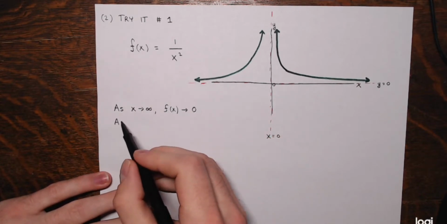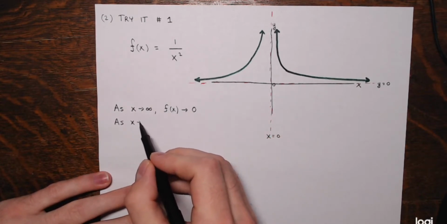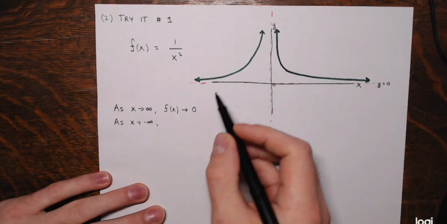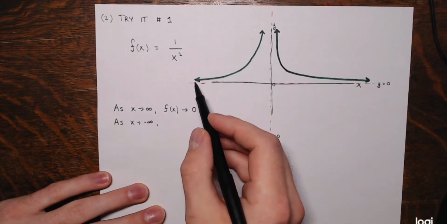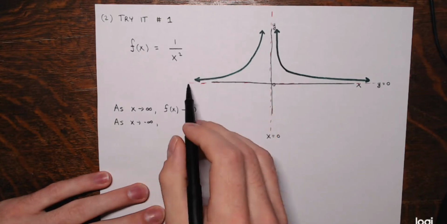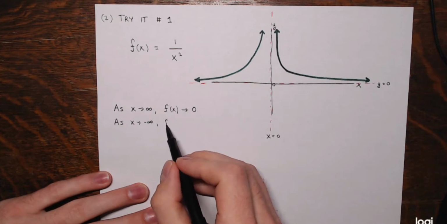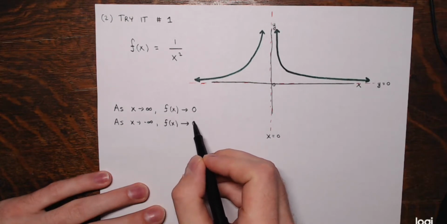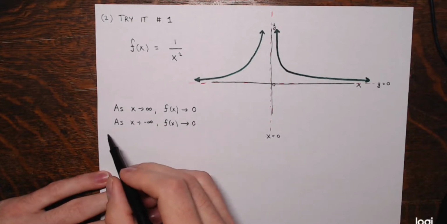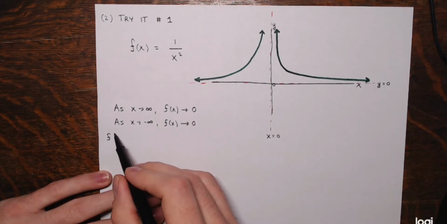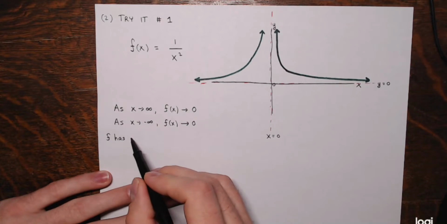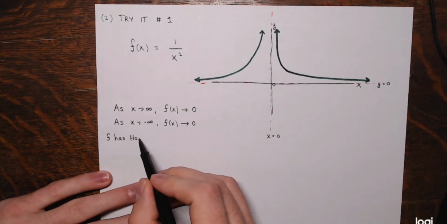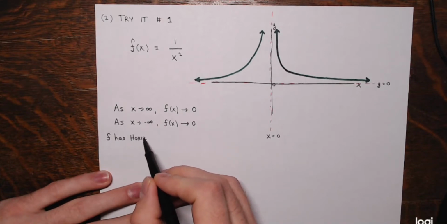As x goes to negative infinity, the value of the function is also approaching the x-axis, which is y equals 0. And either one of these tells me that this function f has a horizontal asymptote of y equals 0.